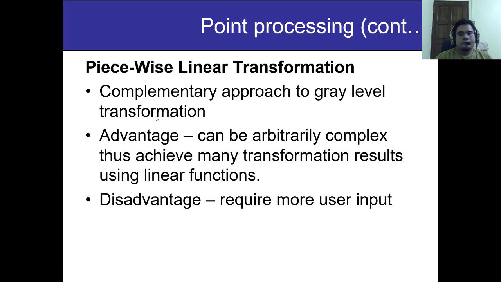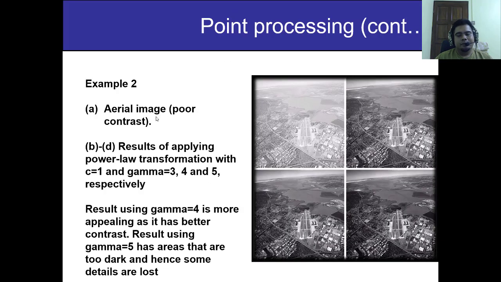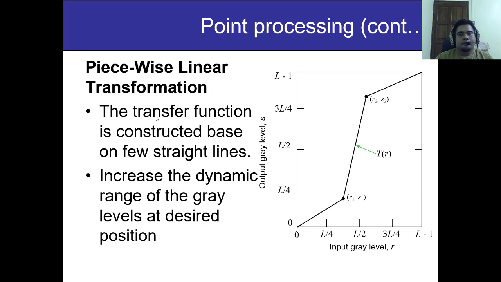We didn't expose you to the image histogram before because the power law approach does not utilize the histogram to execute the transformation function. But for histogram equalization, in order to generate or execute the transformation function, you need the histogram of the image. Don't get confused with that.